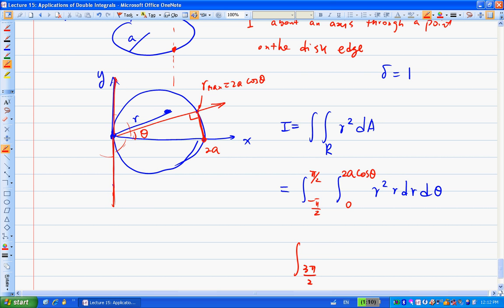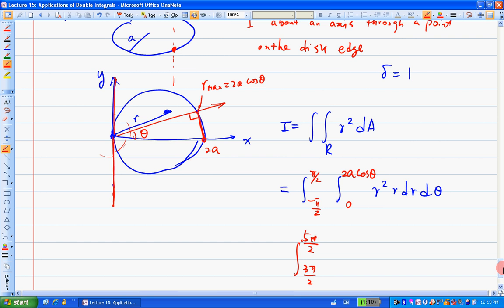So this bound, instead of pi over 2, could also be, you go all the way back here. How much angle did you rotate? 5 pi over 2. So if you use these limits instead of this, you should have the same results, as long as you're consistent in using the angles.